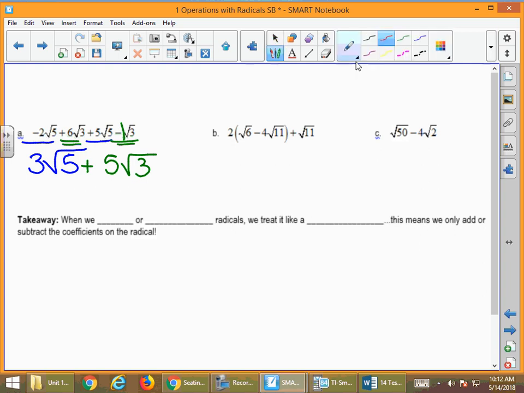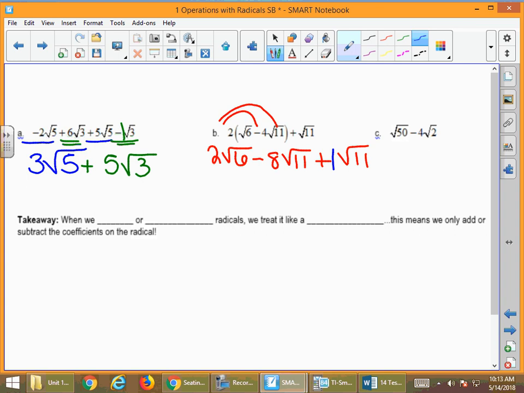On letter B, we need to use the distributive property before we can combine any like terms. When we use the distributive property, 2 times the square root of 6, 2 times 4 is 8 times the square root of 11. And then we already have outside of that parentheses the square root of 11. And once again, I want to remind you that there's no number written in front of it.